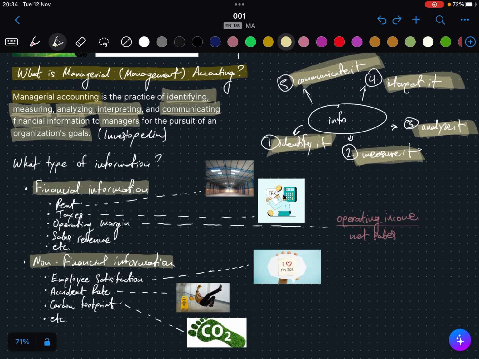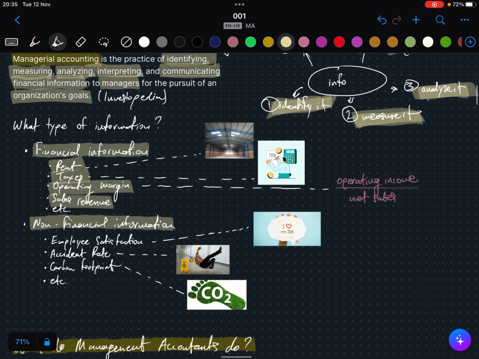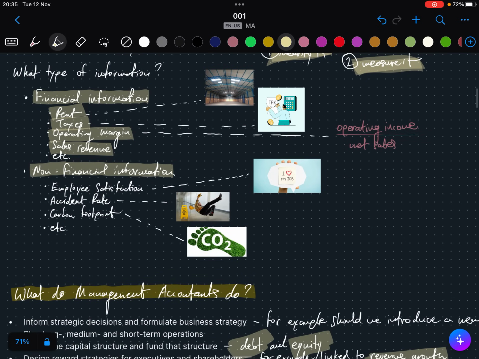Well, that could be, for example, rent, taxes, operating margin, sales revenue, and a lot of other things. And what would be non-financial information? Well, that could be, for example, employee satisfaction, accident rate, carbon footprint, and others.